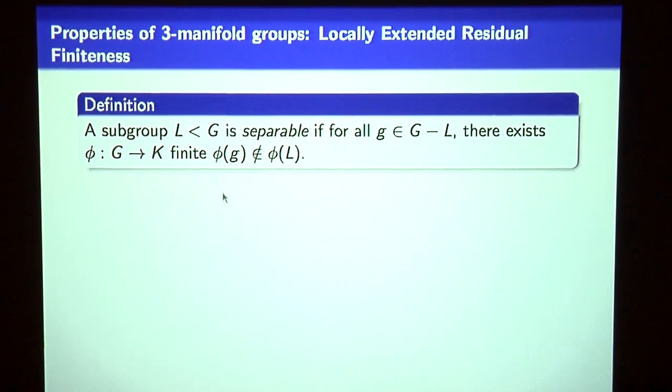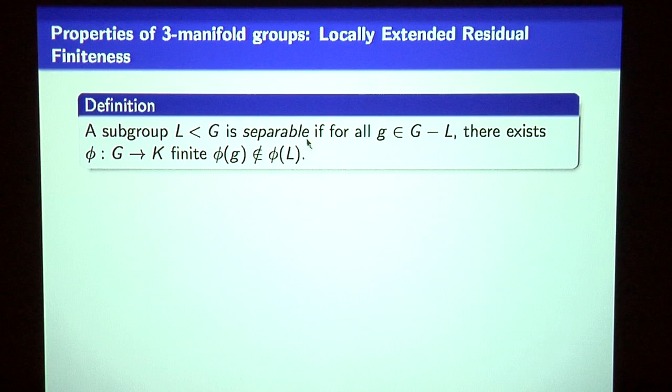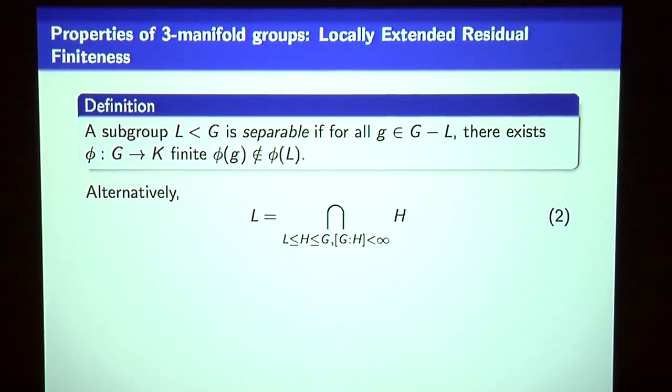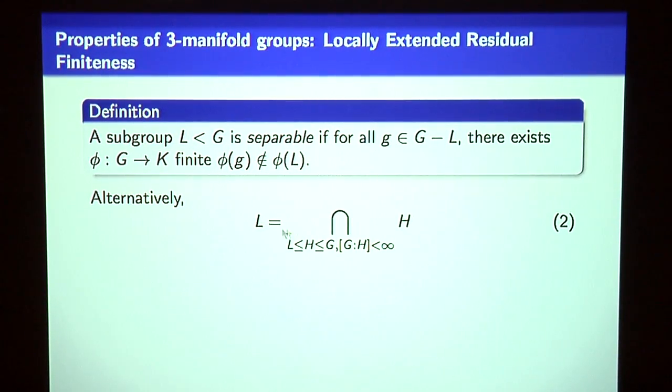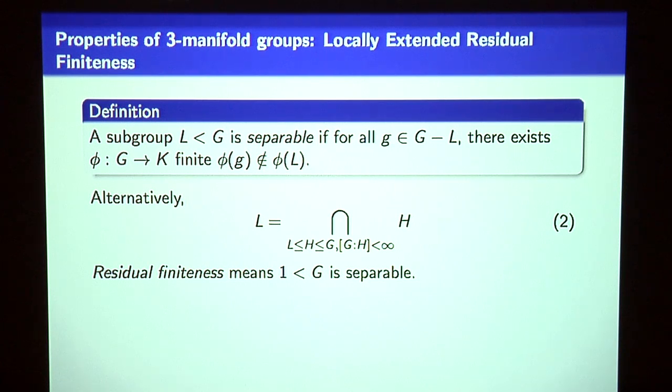So we can find a homomorphism phi to a finite group K such that phi of g is not contained in the image of L. Alternatively, you can say it in a way that L is the intersection over all finite index subgroups H of G which contain L. So residual finiteness then is equivalent to saying that the trivial subgroup is separable inside of the group. So this is why it's an extension of residual finiteness, because we're extending it to other subgroups.